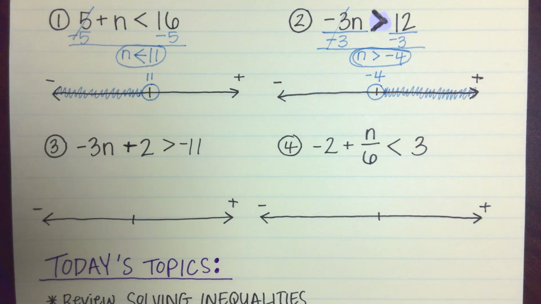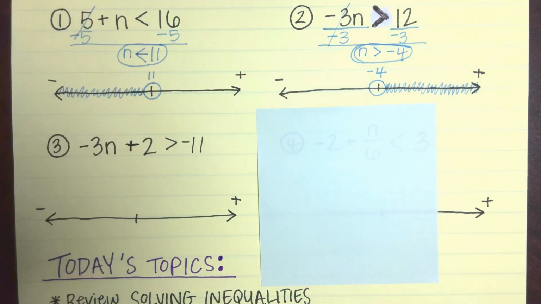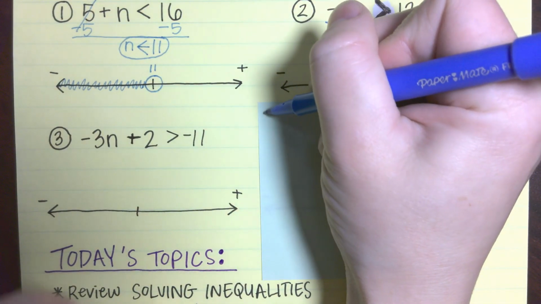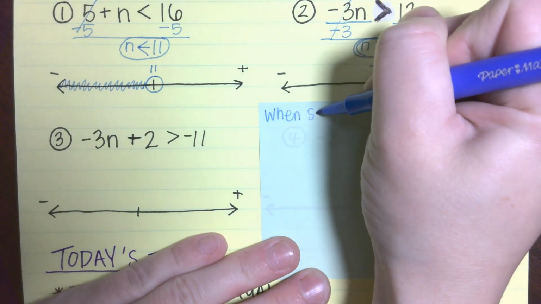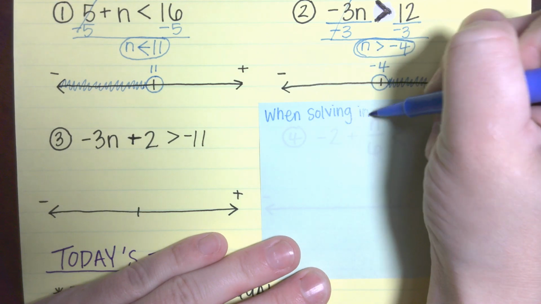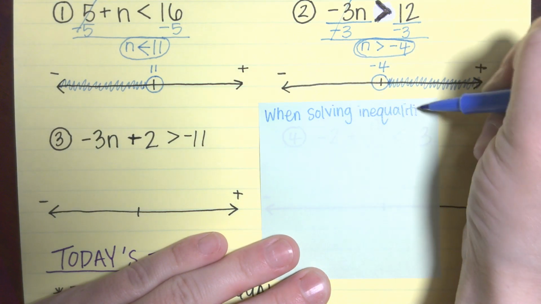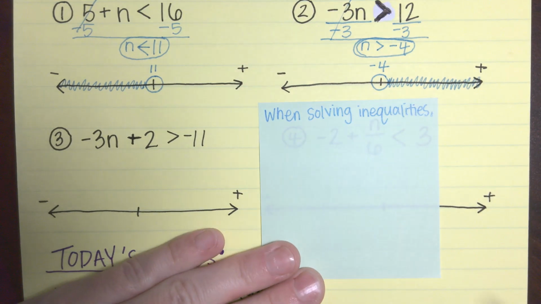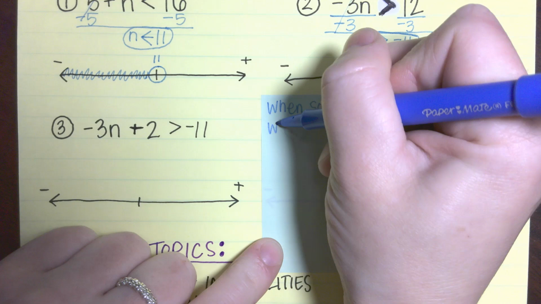I'm going to get a sticky note and write it out to the side. Whenever we are solving an inequality or an equation, I'm going to write, when solving inequalities, we are working backwards to find the answer.